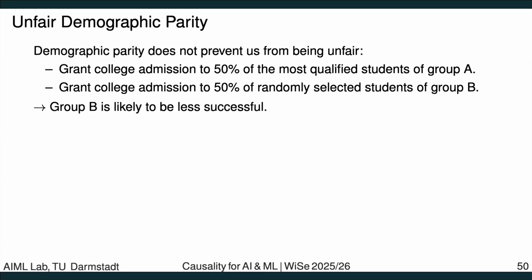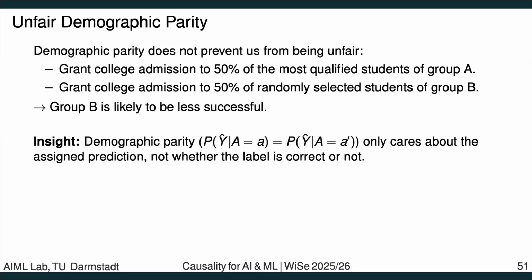So eventually, group B will be less successful because we just took random persons that might be more unlikely to succeed. So somehow this metric balances some aspect of our decision process, but it is still possible that we take unfair decisions, that we either accidentally or purposefully bias our outcome.